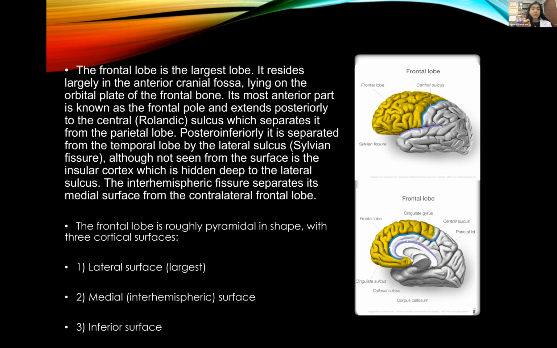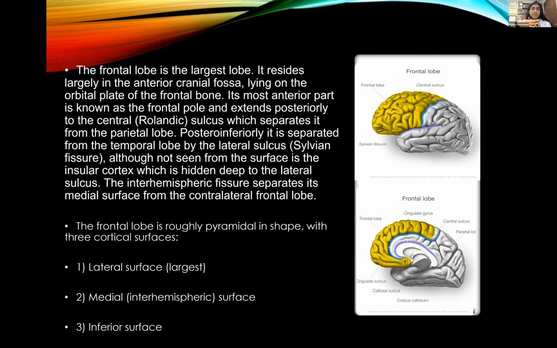For example, as you can see in the picture, the blue line is the central sulcus, which demarcates the frontal lobe from the parietal lobe. And then posterior-inferiorly, the temporal lobe is separated by the lateral sulcus, and then by the Sylvian fissure, it is separated from the temporal lobe.